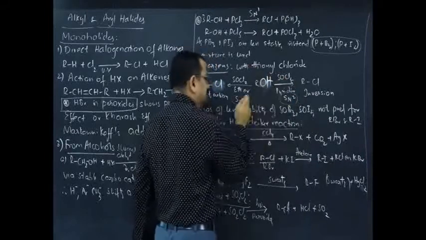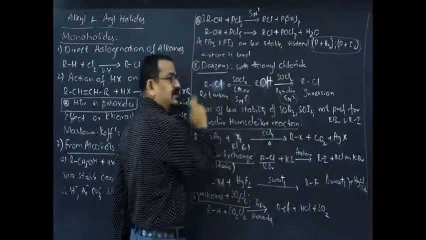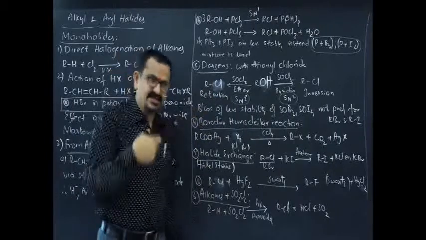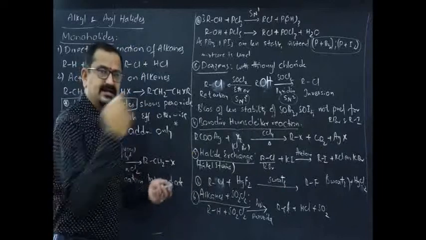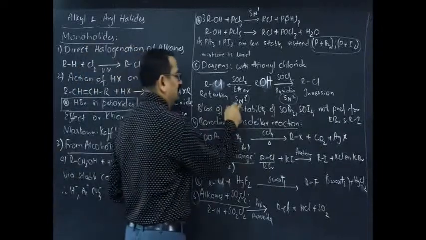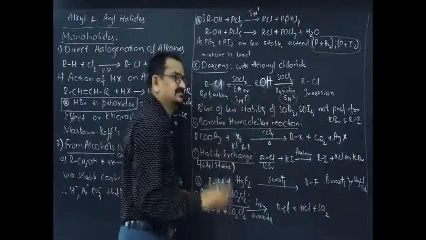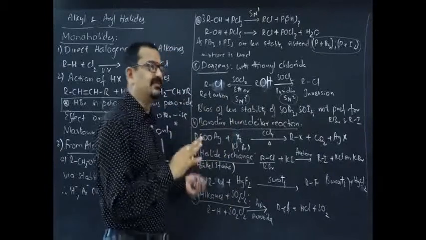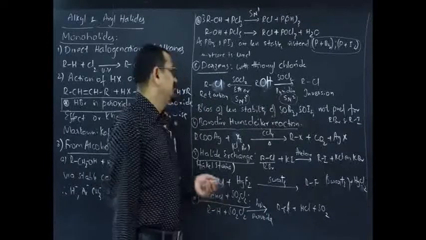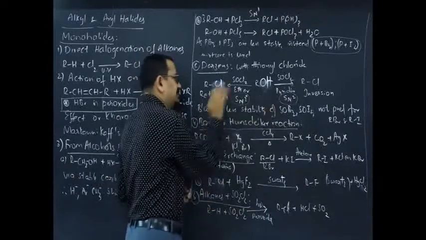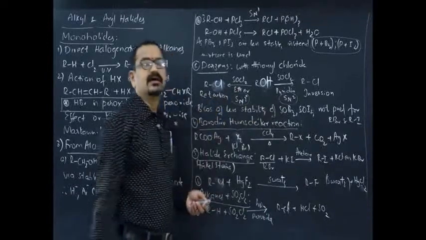In the same direction, chlorine also will attack the carbocation. As it is in the same direction, within the molecule everything is getting disconnected and joined. As a result of this mechanism, there won't be any disturbance in the stereochemical arrangement of these groups. That is why the same configuration will be retained, that is called retention.